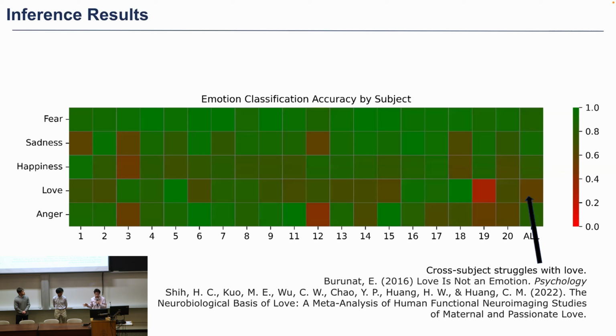The last thing I want to point out with recreating neuroliterature is that this cross-subject model really struggles on love. If you look at the different emotions here, it does well on fear, sadness, happiness, and anger, but it really struggles to generalize love across different subjects.